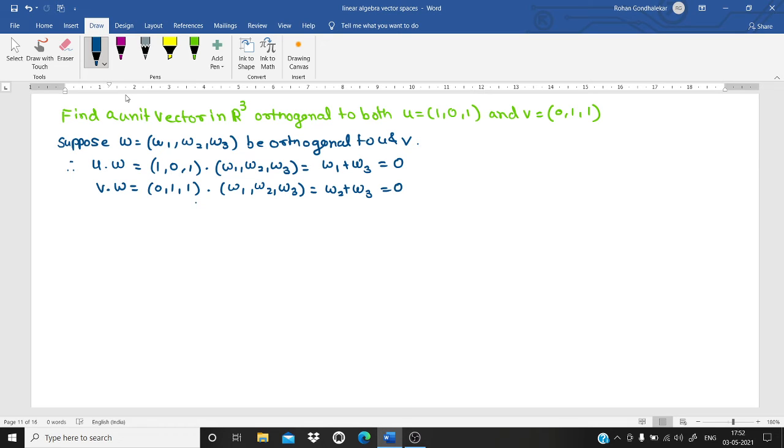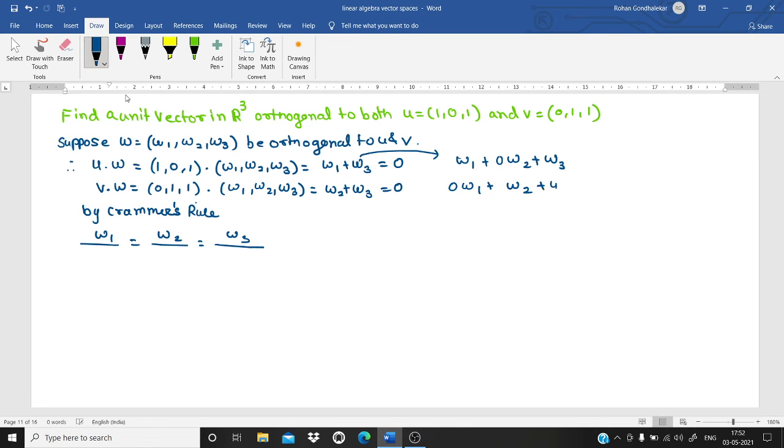Fine. So by Cramer's rule, which you already studied in the determinant section, the w1, w2 and w3 will be given as follows. I'll write this in a simple way: 1 into w1 plus 0 into w2 plus 1 into w3, and 0 into w1 plus 1 into w2 plus 1 into w3.